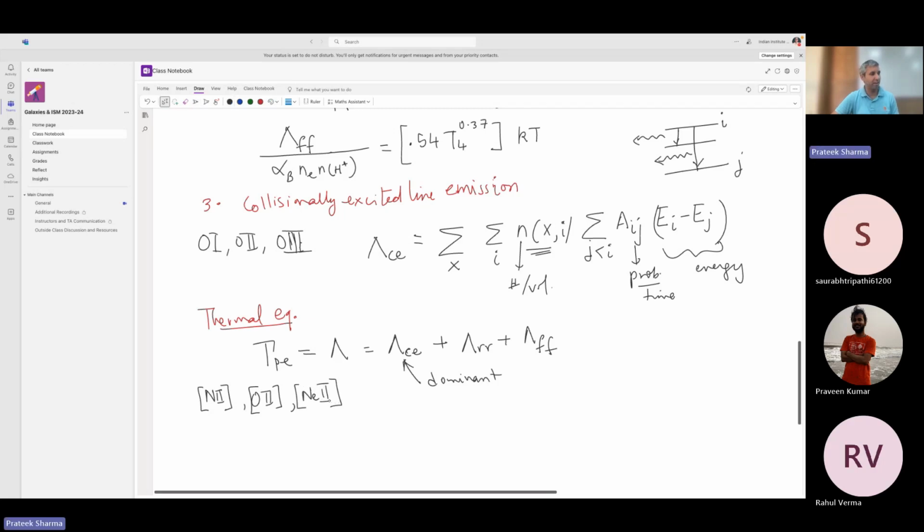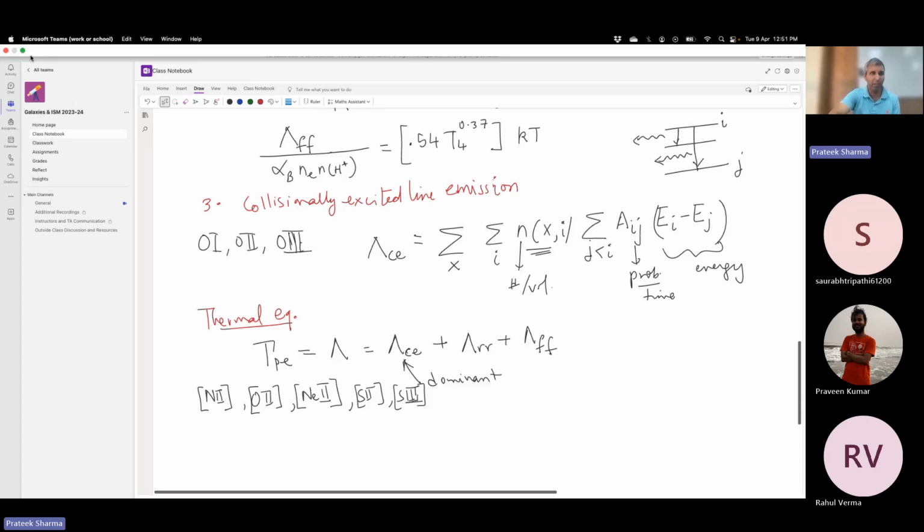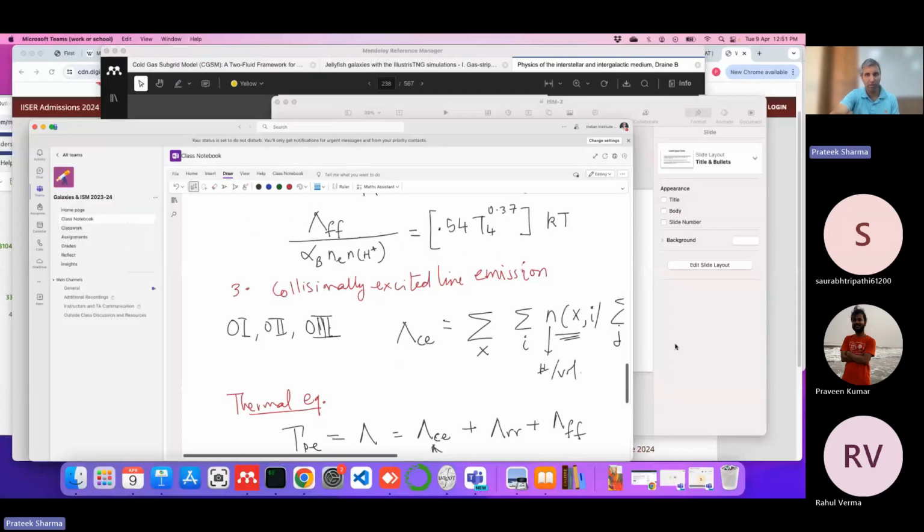They are singly ionized species, S2, S3. I'm not marking the transitions here, just mentioning the ions. These are some of the ions which provide a lot of cooling. I have not mentioned the transitions, so putting these brackets does not really make sense here.